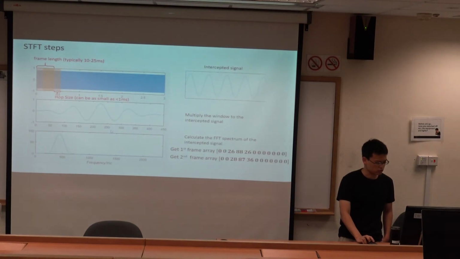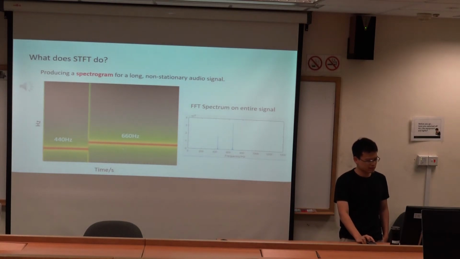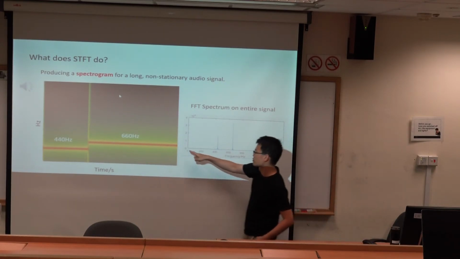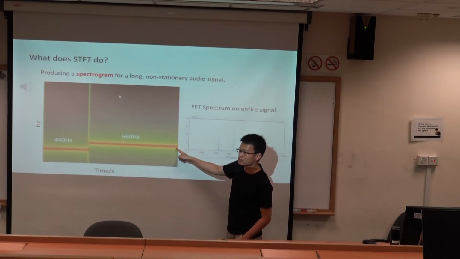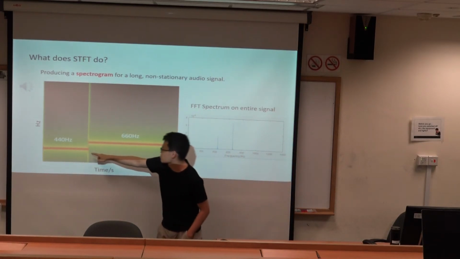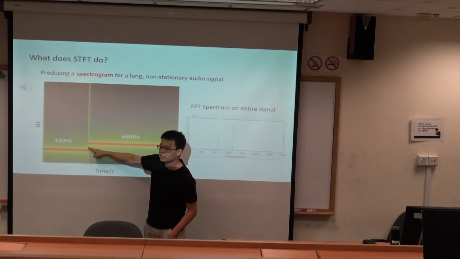Oh, I forgot to give you a. If you look at this, the red line actually is very wide, so we don't know what frequency it is. It might be 300 to 500, right?